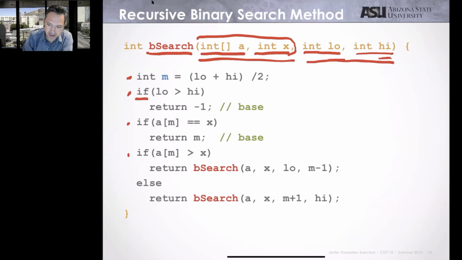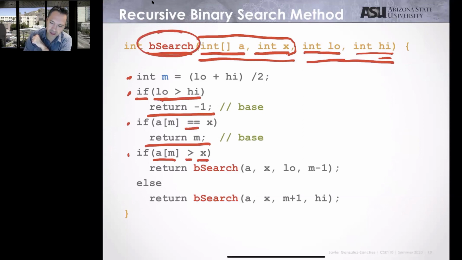If the index low is greater than the index high, remember, low, high. When this one is greater, it means that I crossed the point, that I didn't find the element. So return -1. Oh, they are equal. Return the position. Oh, you know what? The element in the position M is greater than the one in X, is greater than the one that you are searching for.